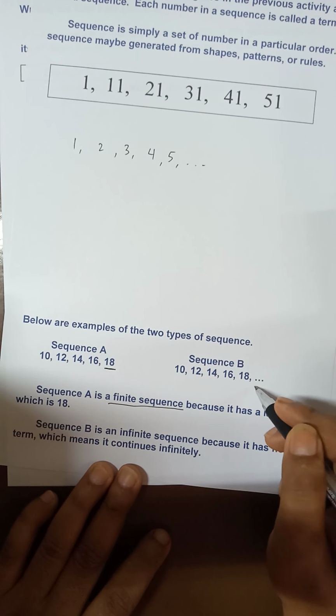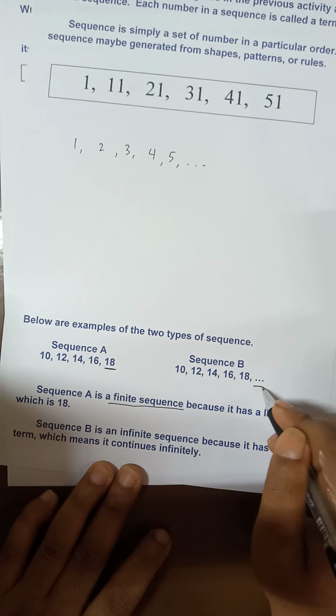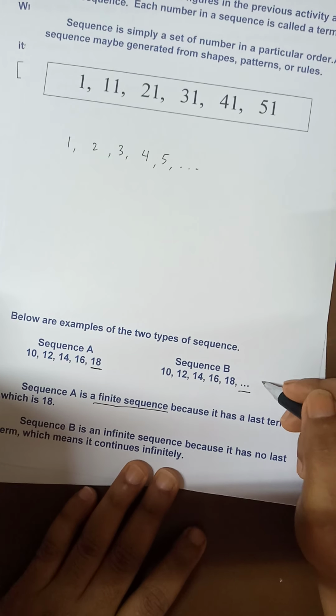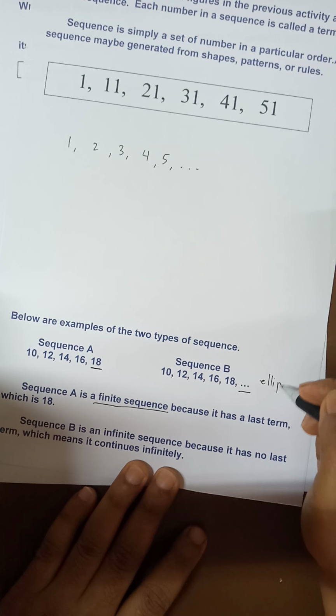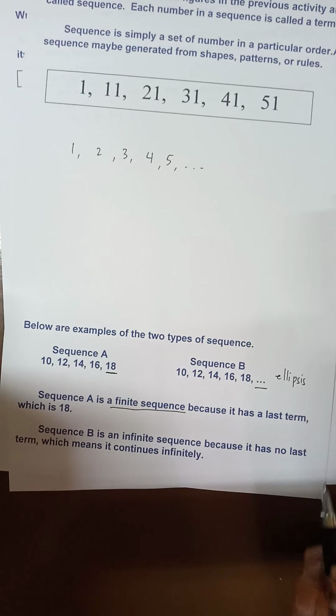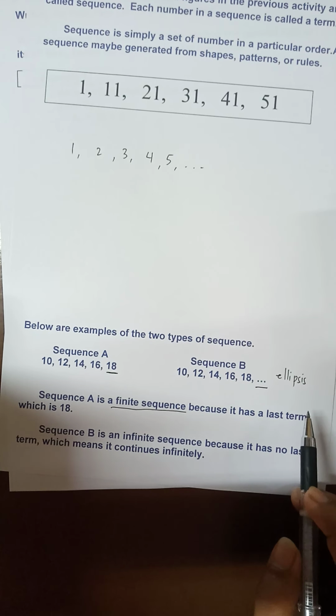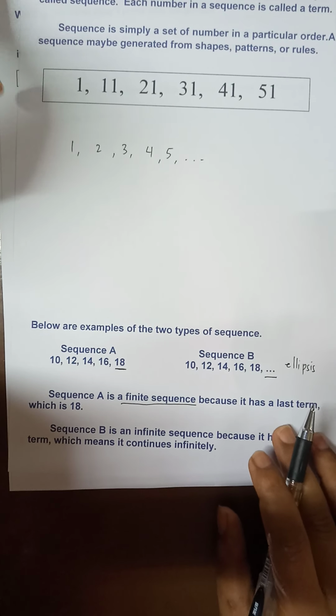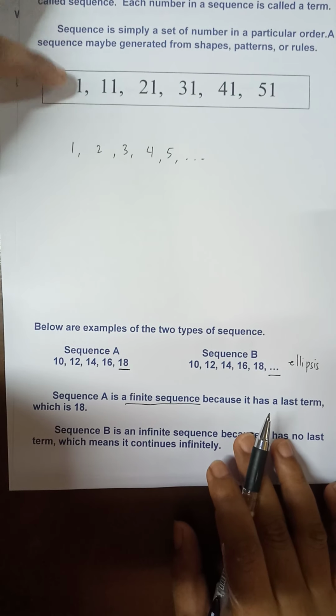Have you seen these three dots? They are called ellipses, meaning its terms are infinite. Its terms have no end. So, finite and infinite sequence.